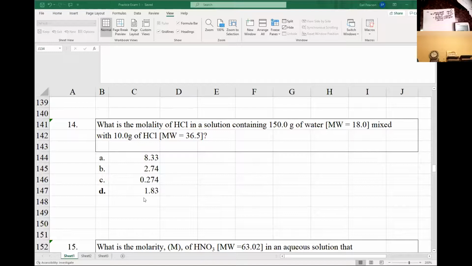So if I want to do the math, I can clear that out and say 10 times 1,000 divided by 150 and divided by 36.5. And I get 1.8264 molal. So if we now go back and look at the screen, we should be able to get the answer. 1.826 would be 1.83. That's good.